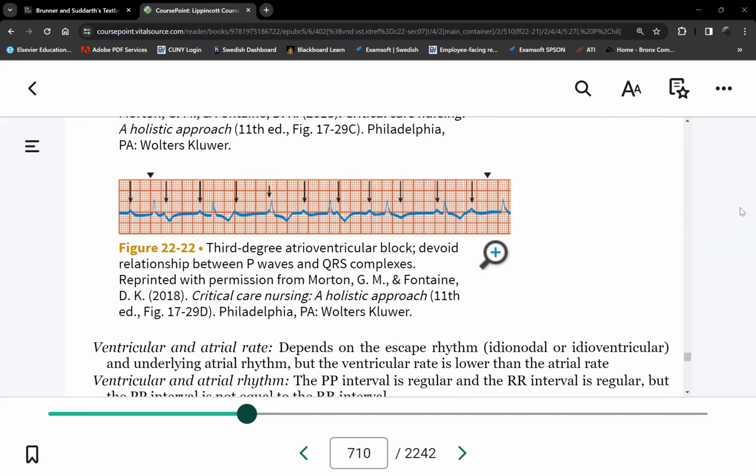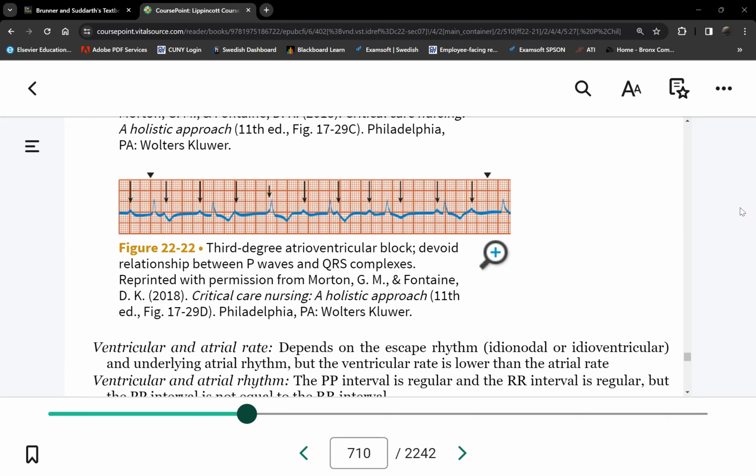Right? Because remember, is the AV node a pacemaker? Yes. It is a pacemaker. Is it capable of generating its own impulses? Yes. So here, which one is the higher rate here? The atrial rate or the ventricular rate? These are your 3-second markers here. Let's count the atrial rate between this 6-second strip. 1, 2, 3, 4, 5.